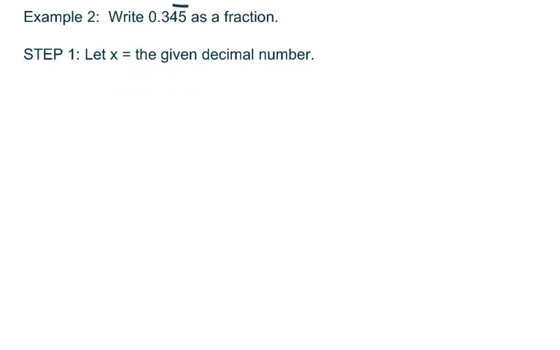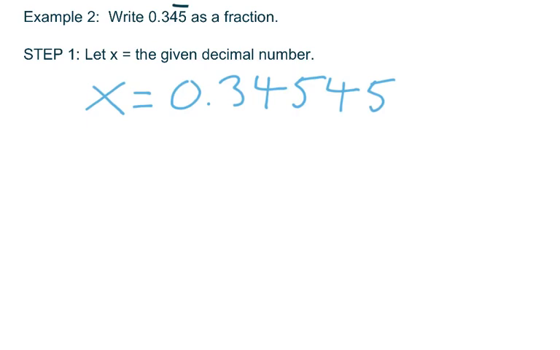Just to make sure that process is clear and to show a couple other little things, let's do another example. Here my number is 0.345, and I hope this is clear, but the repeating bar is only over the 4-5. So we start step 1 by letting x be the decimal number, but to get a better feel for what's going on, I'm going to write it not with the repeating bar, but showing how the 4-5 gets repeated over and over and over.